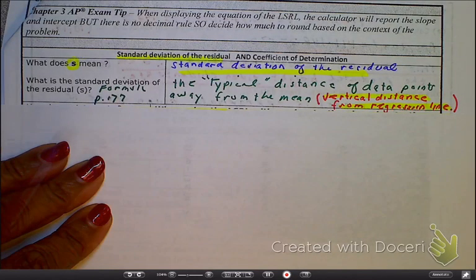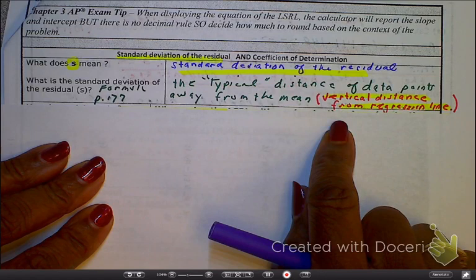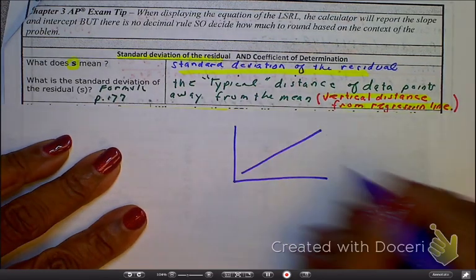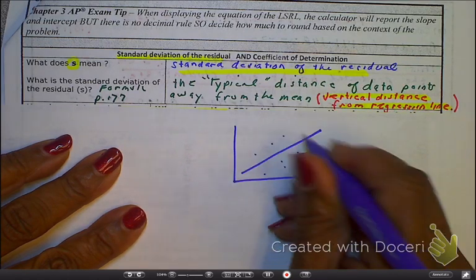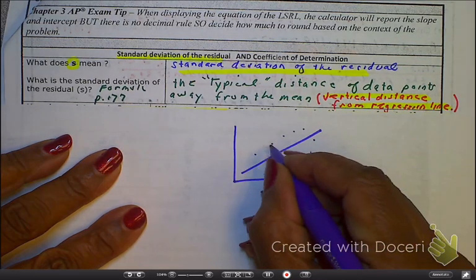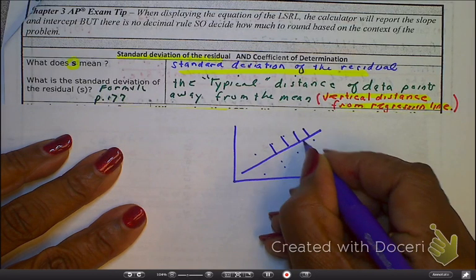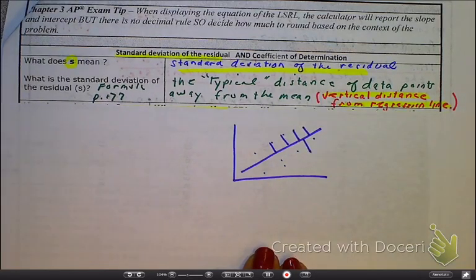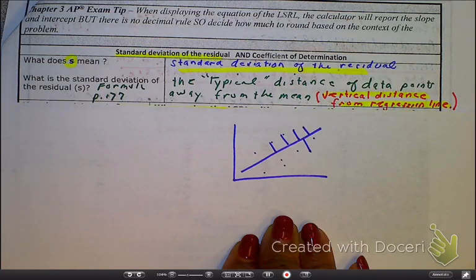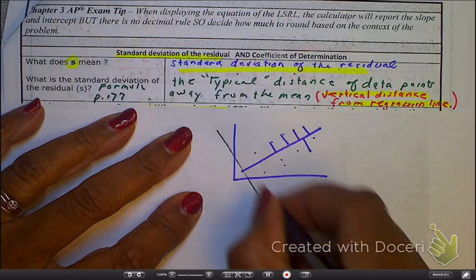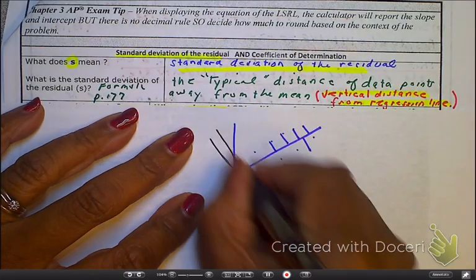But think about here, if this is your least square regression line, and then you have dots like this around the points, and those become your residuals. As I take a marker that I don't have here, we know this is our residual, so I'm going to turn it this way.